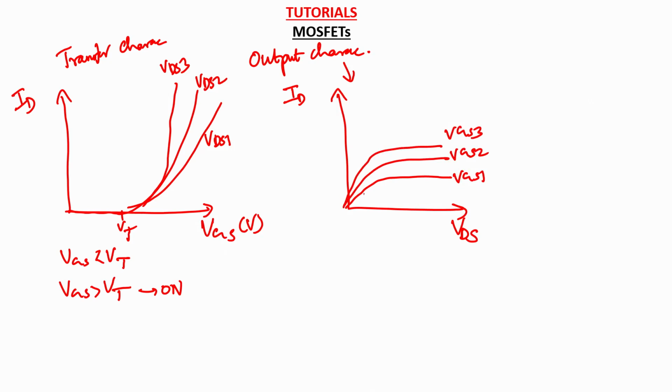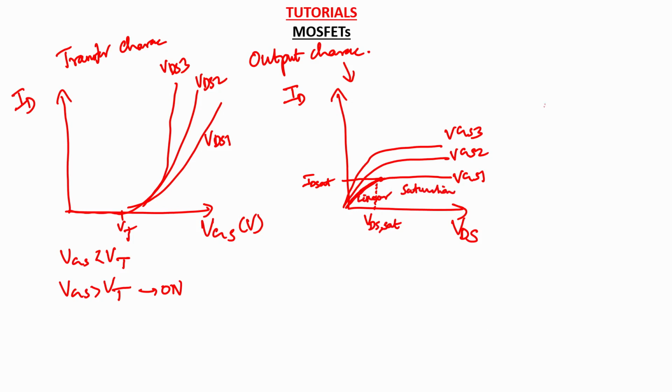So there is something called this linear region where the current looks like this, and there is a point where the current saturates, and this is the ID sat value, and there is a point which is called the VDS sat, which is nothing but the pinch off point after which the MOSFET enters saturation. Until that, the MOSFET remains in the linear region, and this is the saturation region.